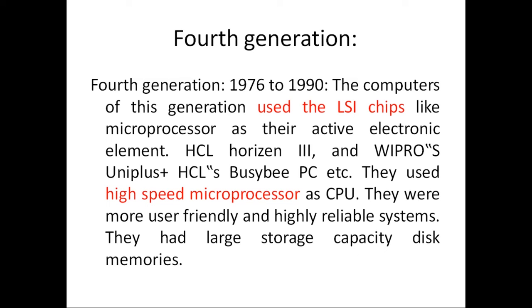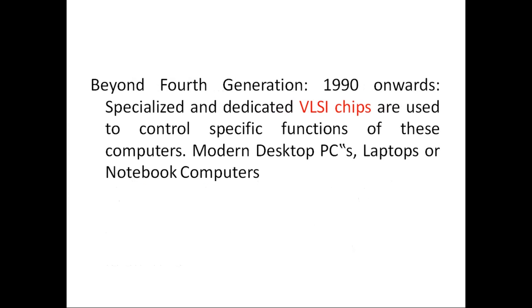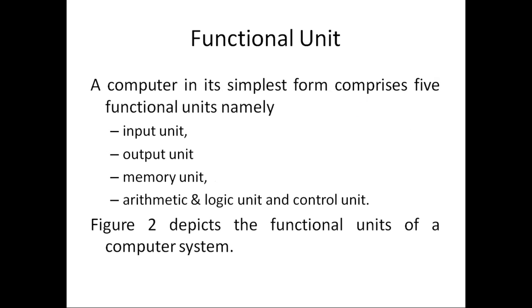They are more user friendly and highly reliable systems. They had large storage capacity, disk memories also. Then coming to beyond the fourth generation, 1990 onwards, specialized and dedicated VLSI chips are used to control specific functions of these computers, and the modern desktops or PCs that you are using, laptops or notebooks, come under this, right?